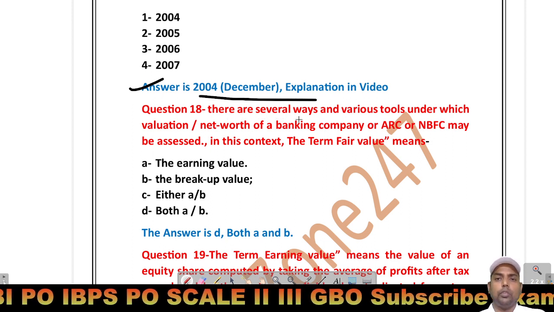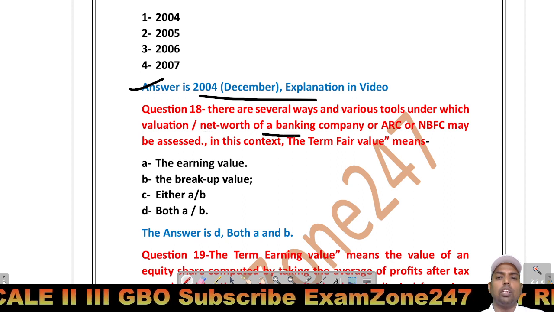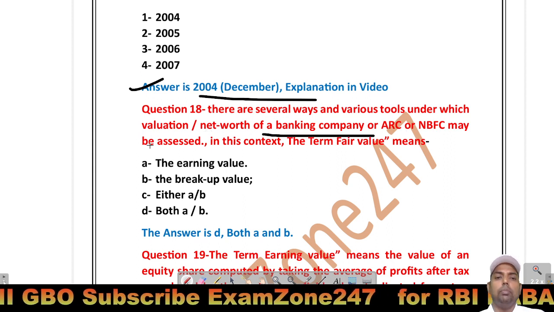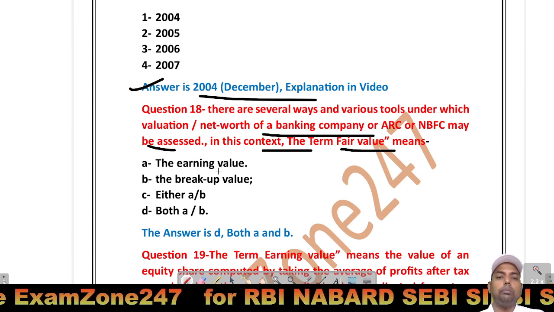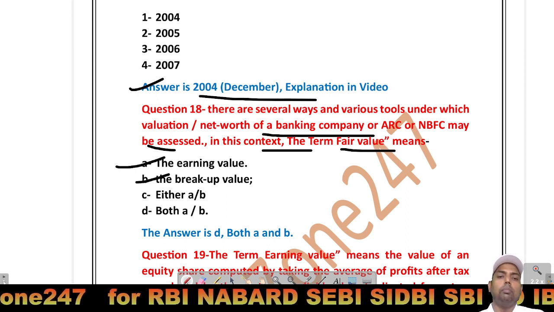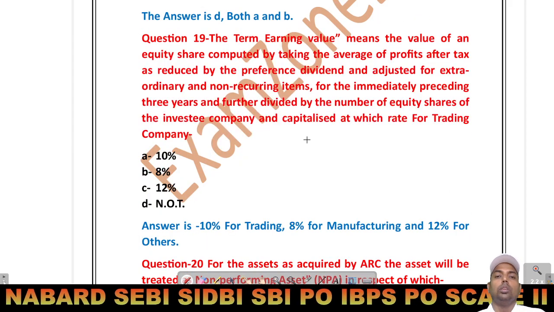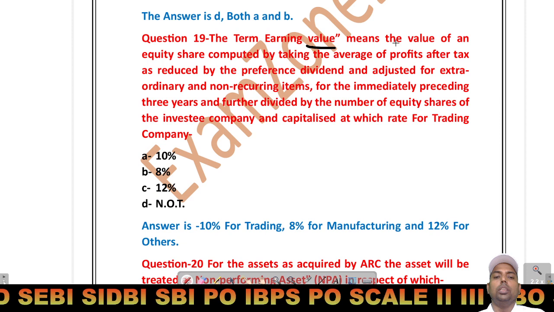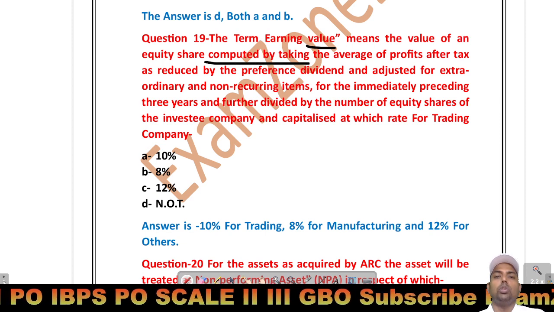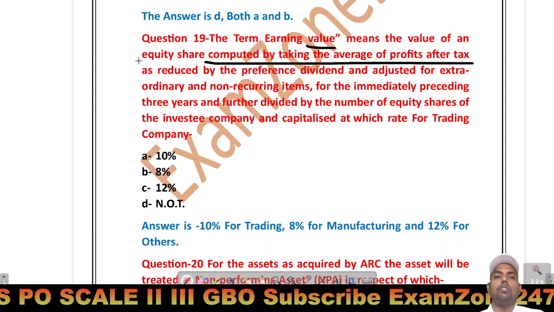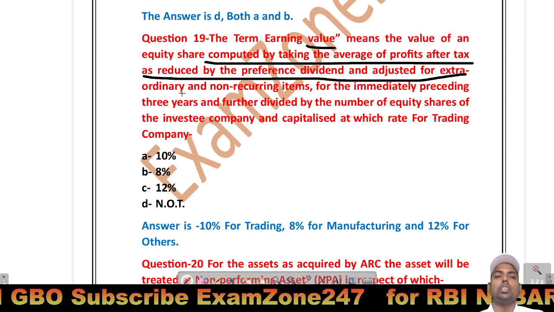There are several ways and various tools under which valuation or net worth of a banking company may be assessed. In this concept, fair value means the earning value and breakup value consists of fair value. The term earning value means the value of an equity share computed by taking average profit after tax as reduced by preference dividend and adjusted for this.